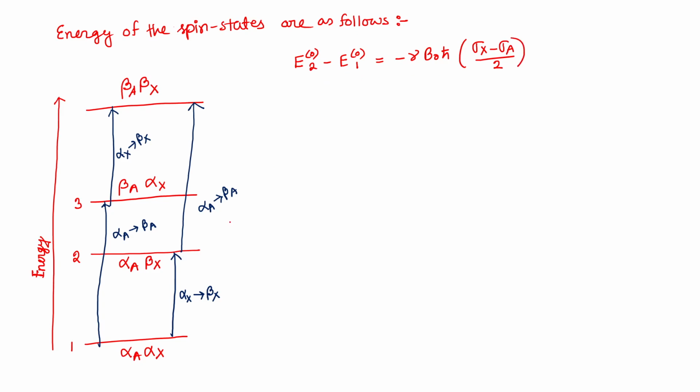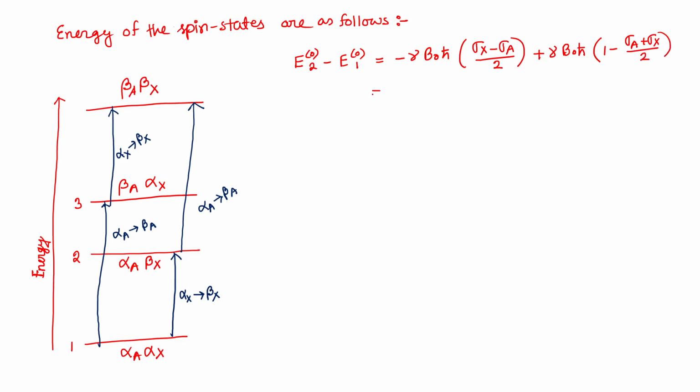And you have the energy for alpha A and alpha X, that is also minus, right? So minus minus plus gamma B0 h cut 1 minus sigma A plus sigma X divided by 2.